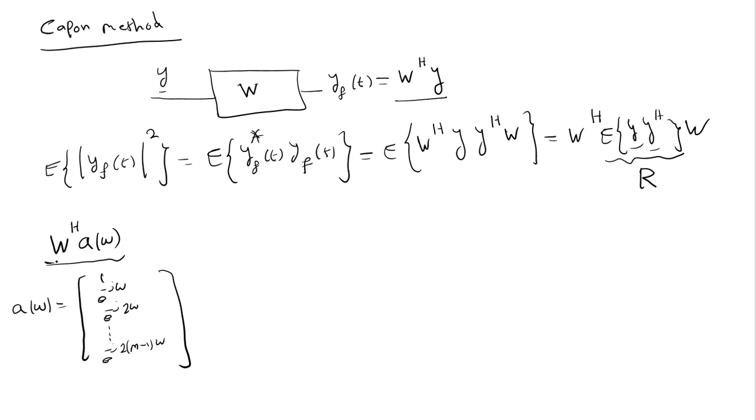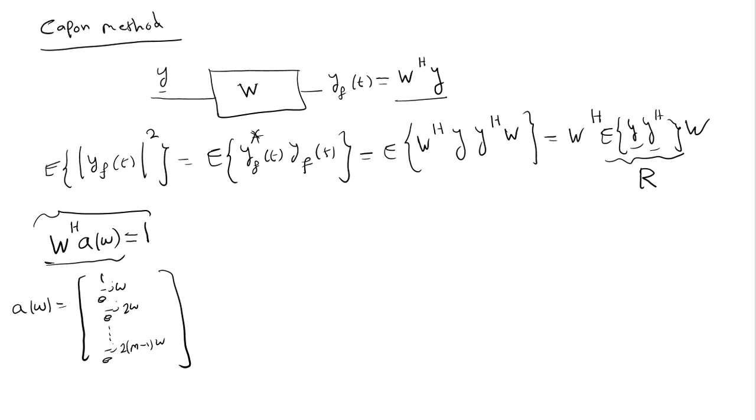This is the frequency response of our filter, and in our desired frequency, the frequency response must be 1. I mean, we don't have any distortion in our desired frequency, so this must be 1, and actually this is the constraint of our problem here.